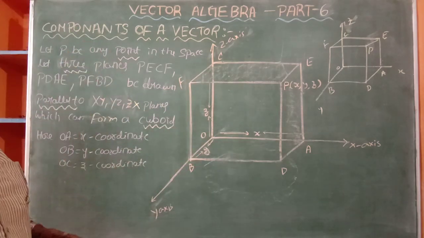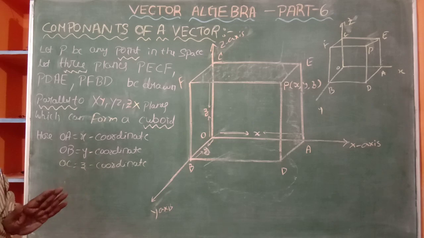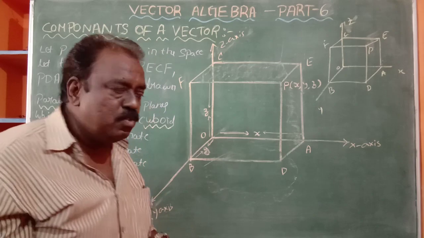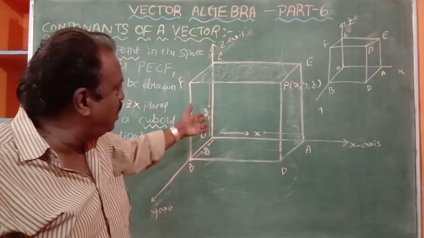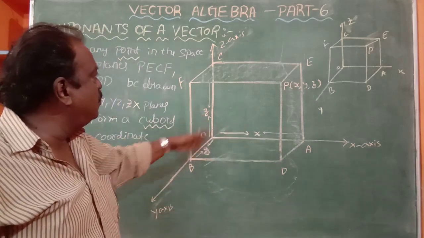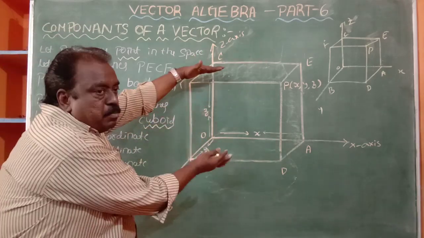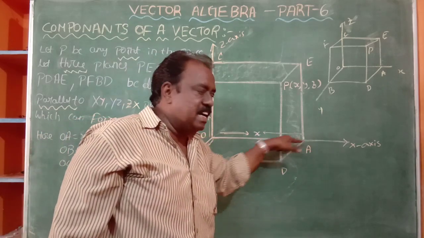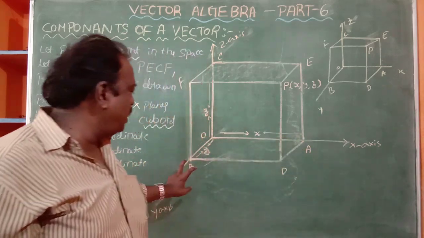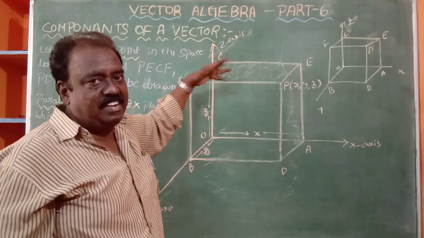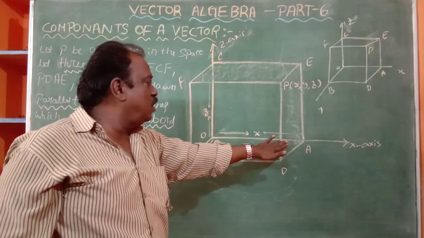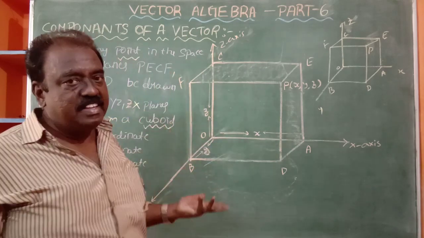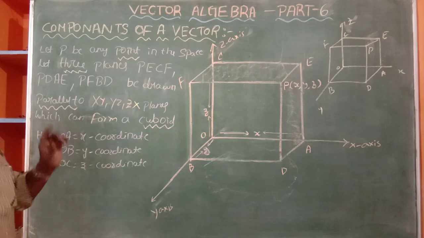Suppose in our room a box is fitted and placed in the corner, just like the x-axis, y-axis, z-axis. The box touches the x-axis at A, y-axis at B, and z-axis at C. So OA is the x-coordinate because it is on the x-axis, OB the y-coordinate and OC the z-coordinate. That is the thing.